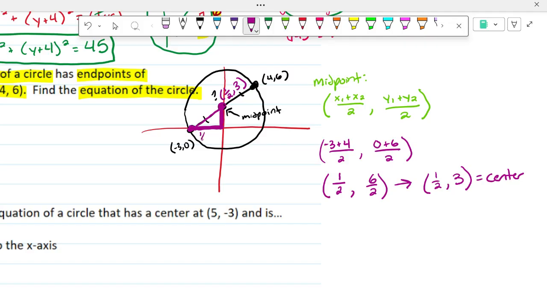So we can do 1/2 minus -3. So we're just adding 1/2 and 3. So that is just 3.5. Or we can just say, if we do a quick conversion, that would be 7/2.